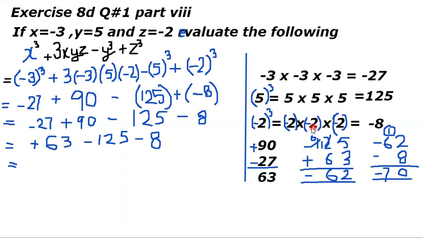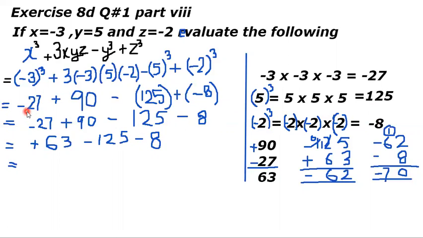Now multiply the numbers. 2 times 2 gives us 4. 4 times 2 gives us 8. So this is negative 8. Okay, now we have to do the simplification, additions and subtractions.